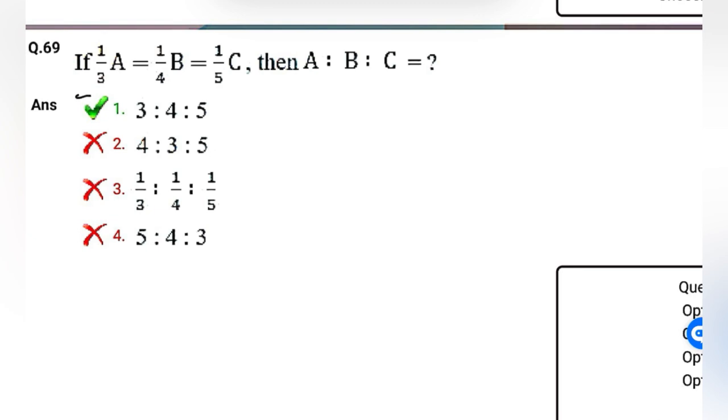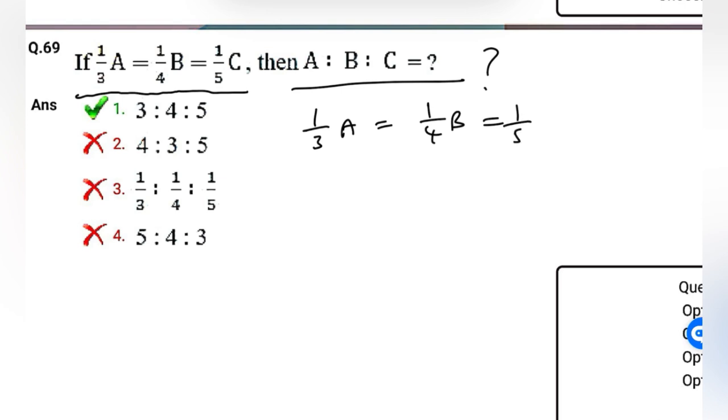If 1 by 3a is equal to 1 by 4b is equal to 1 by 5c, then a is to b is to c is equal to? Given 1 by 3a is equal to 1 by 4b is equal to 1 by 5c.